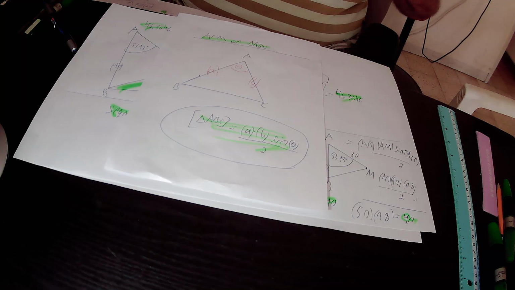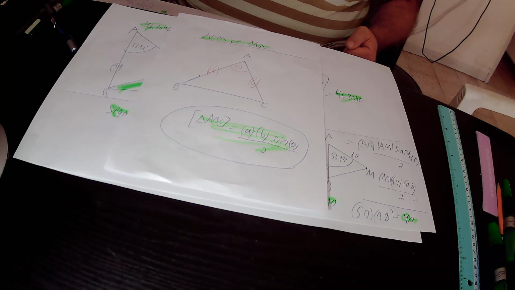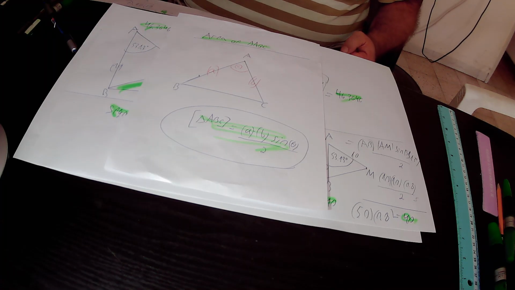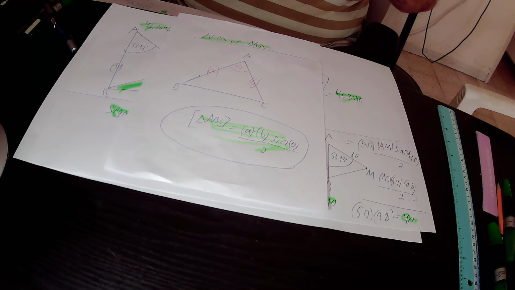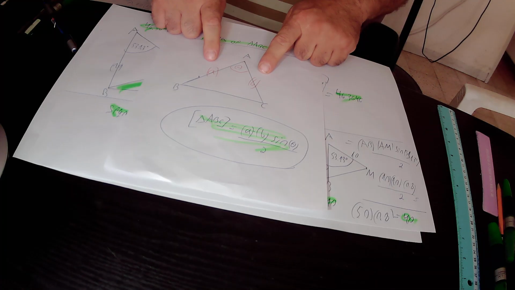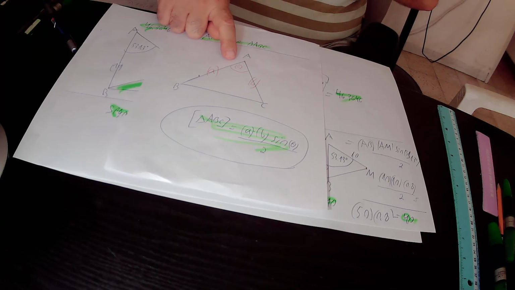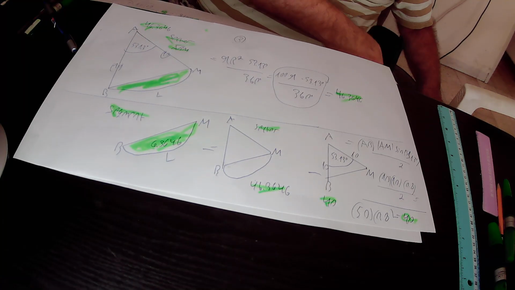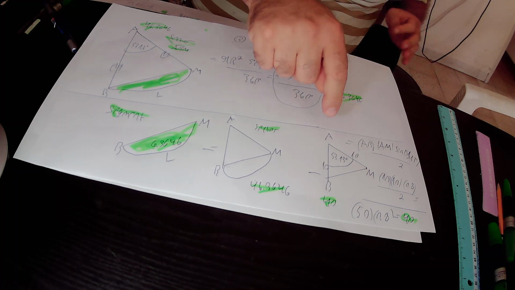So the area of triangle ABC equals a times b times sine theta over 2. It is the product of the two sides times the sine of the angle between those two sides, theta, over 2. We use the new formula to find the area of triangle ABM.